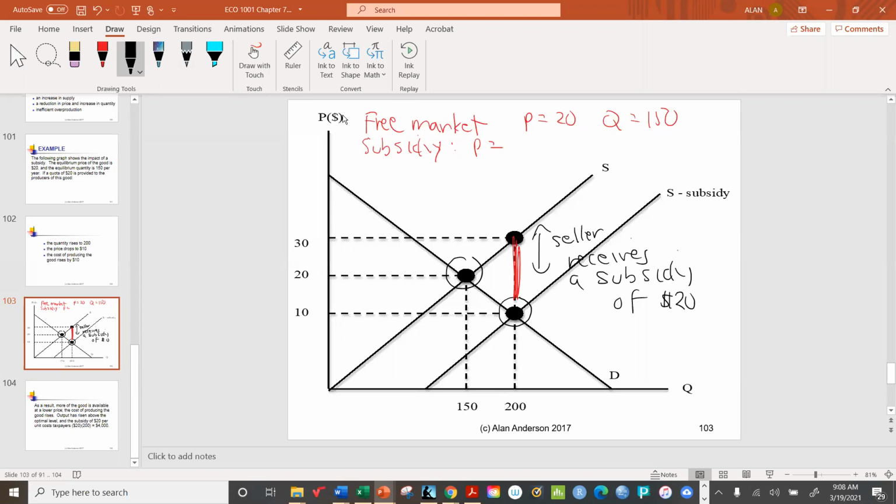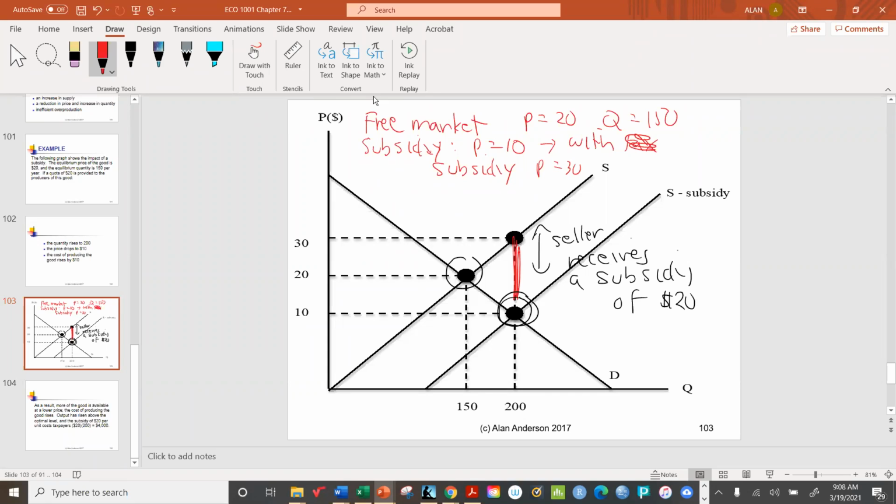Even though the market price is $10 right here, because the subsidy is being paid for by the taxpayers, in effect it's as if the total cost to society is $30. Sorry, with the subsidy, in effect, the price rises to $30, because the last $20 is coming out of the taxpayers' pockets.